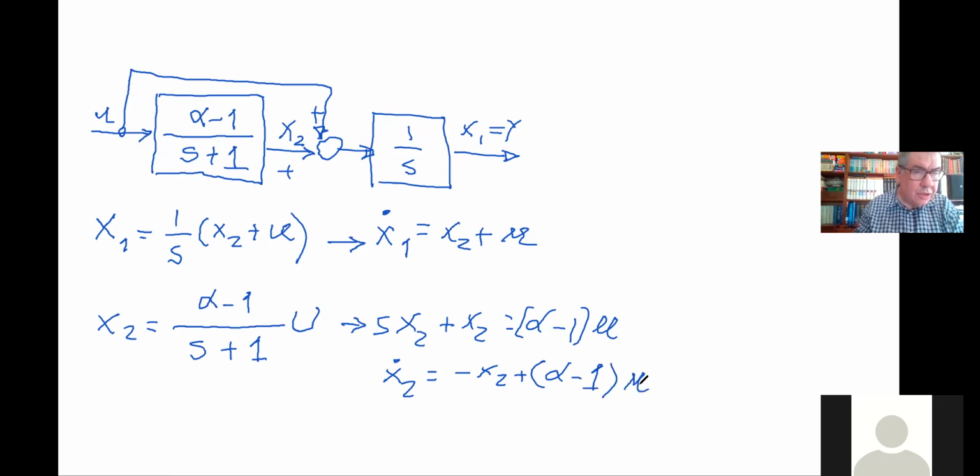Good. Everybody understands this? This is one of the state equations, and this is the other state equation.